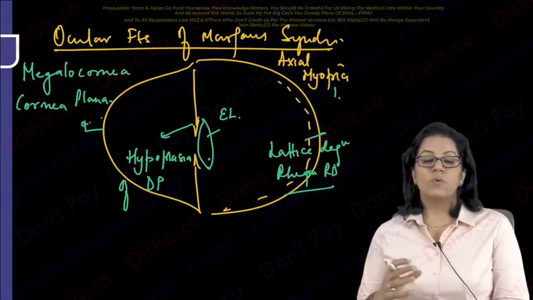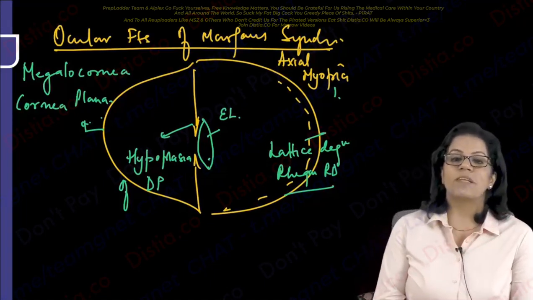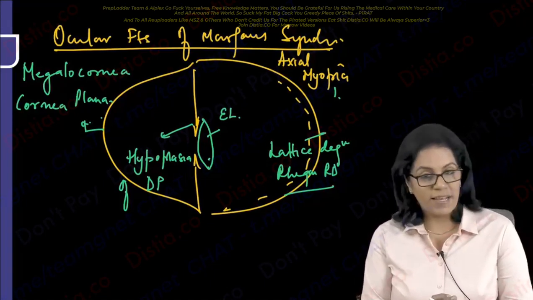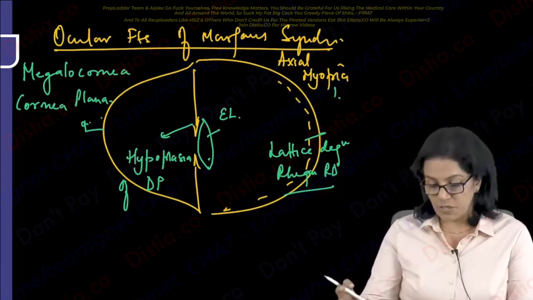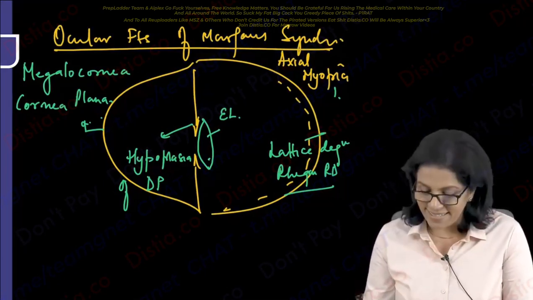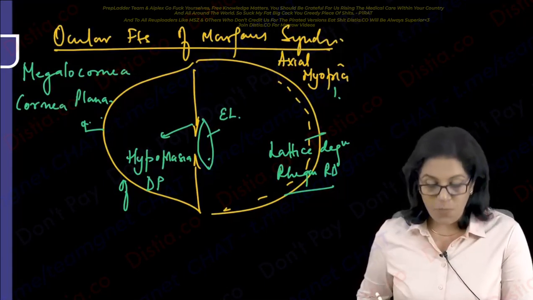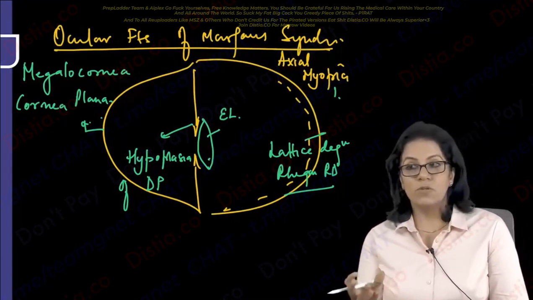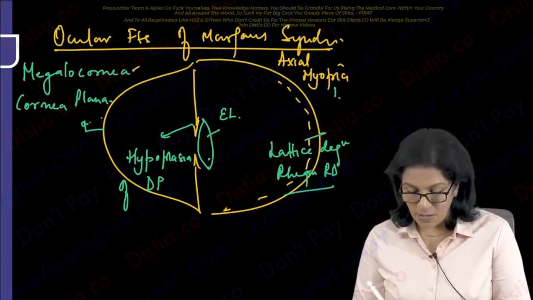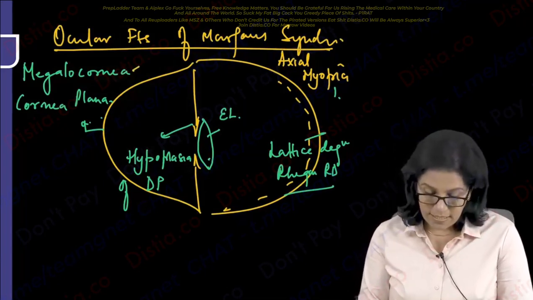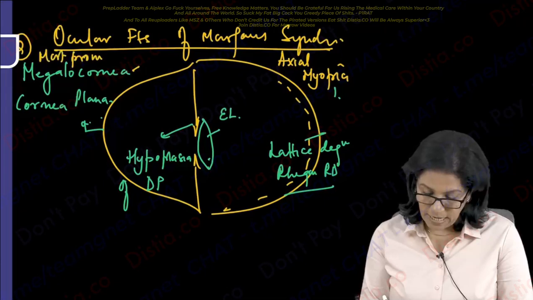Now they've asked which is the most common finding, which is the most prominent finding. I'm not sure they will ask you again or not, but that time the question was mentioned and the word prominent was written in capital letters. So the most prominent, which is obvious and you don't need a slit lamp for, is megalocornea. Whenever we answer, we can answer like this: most prominent, let's choose megalocornea.